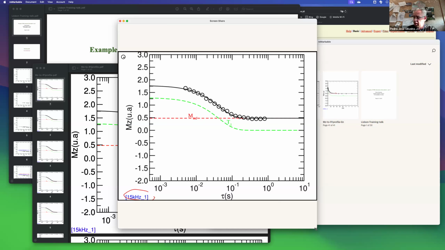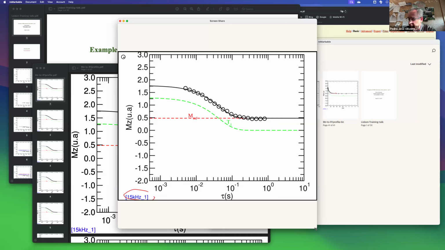This is the typical decay that you have in the field cycling experiment for a certain low magnetic field, in this case the field that corresponds to 15 kilohertz. What I'm showing here is the fitting of the magnetization decay that we get from the Bloch equation.